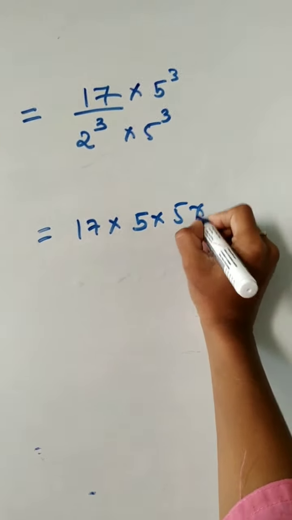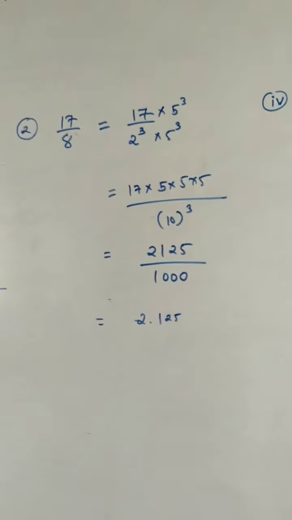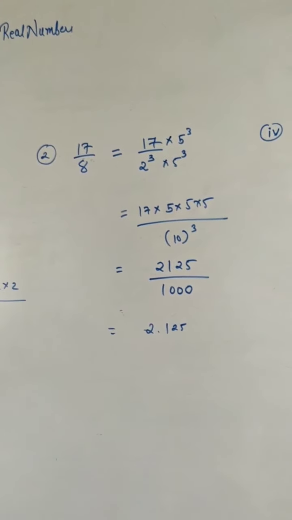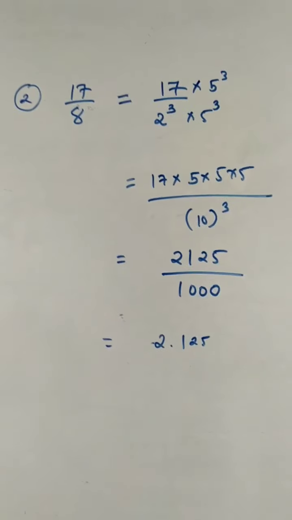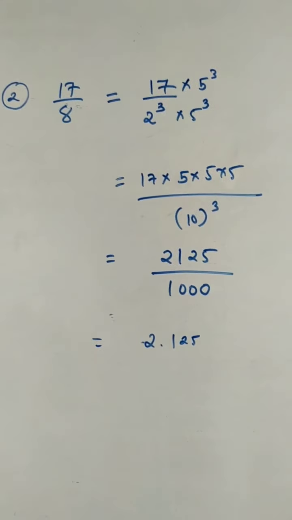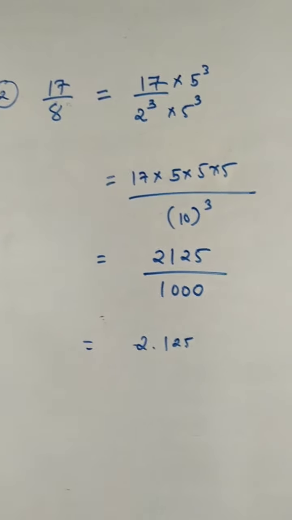Whatever power is there, so we will write 3 zeros. Now we will cut the decimal point from here, so it will become 2.125. So here you can see the whole sum. It is very easy, and we converted that p by q form into decimal form without actually performing the division method.